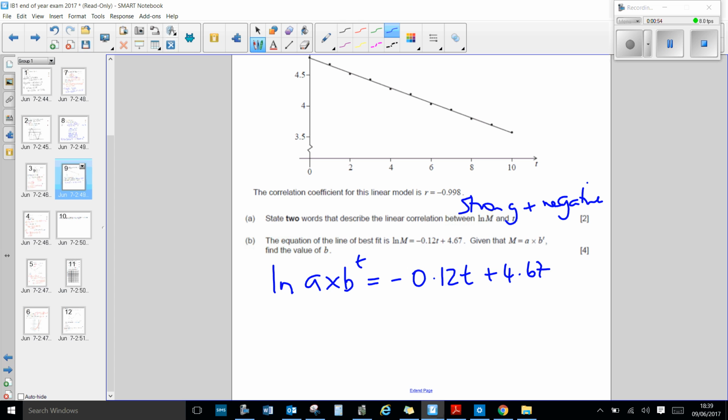So we've got, actually no, scrap that. We've got ln m equals this.